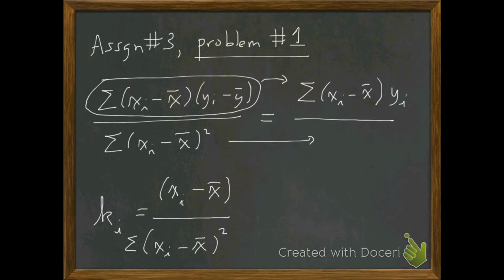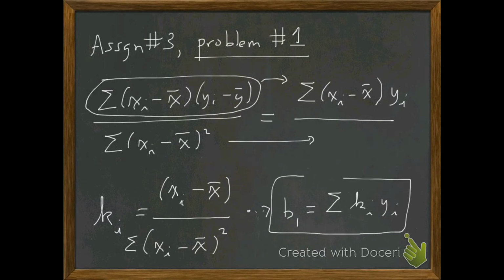Then, under no stretch of the imagination, we should be able to see that B1 can be expressed more compactly like this. You see this notation. I've got about 5 or 6 books that I refer to when I'm preparing my lectures, and you see this k notation pretty consistently.